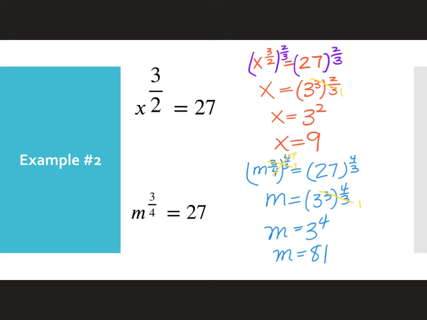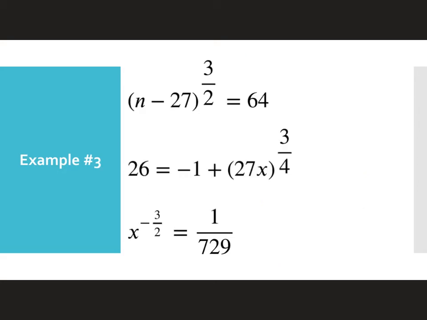Even though we don't have 1 in the numerator, we still have the tools and skills already that we need in order to figure out what we need to do. Then in example number 3, it's going to get a little bit more difficult, and we're going to stop at example 3. Here's example 3. They look a little bit more difficult, but I promise you they are not.